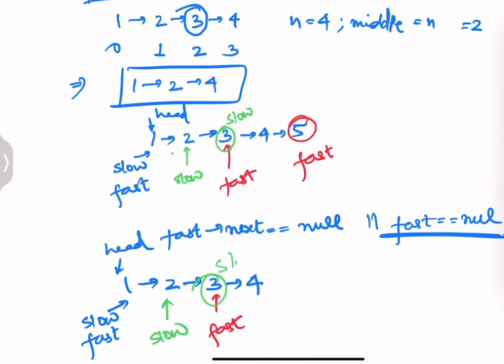This will become your slow and fast would become null because 4's next was pointing to null. So this is your fast, that would be pointing to null. In this case, fast has become null and your slow pointer is pointing to node number 3. So that node needs to be deleted. I hope it is clear till now.